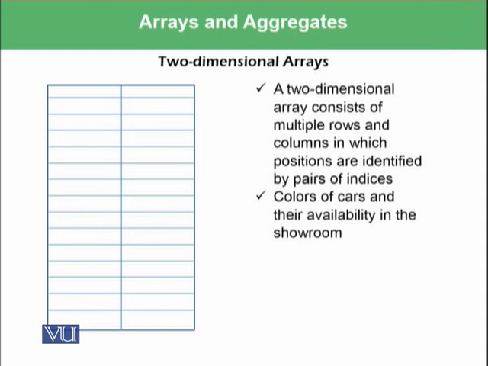Then there are two-dimensional arrays. A two-dimensional array consists of multiple rows and columns in which positions are identified by a pair of indices. So we can conceptualize a real-world example. For example, we want to store the colors of cars and their availability in a showroom.